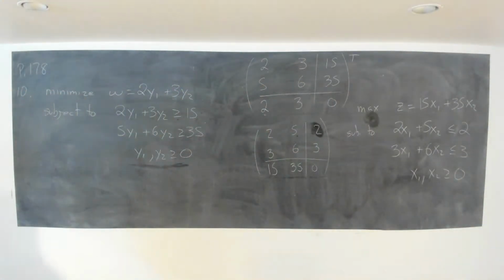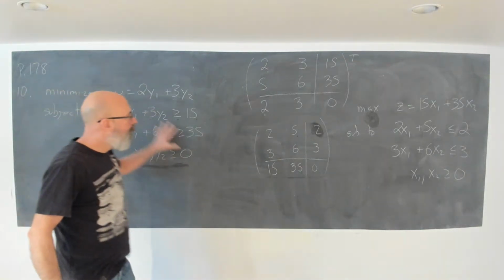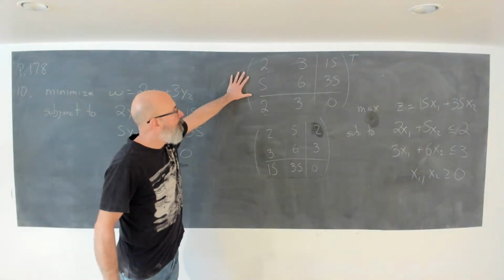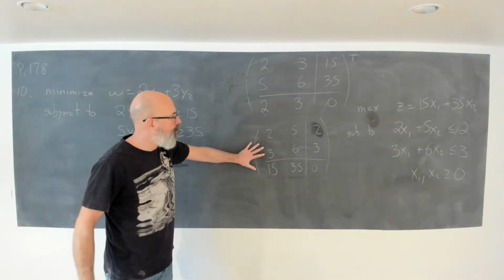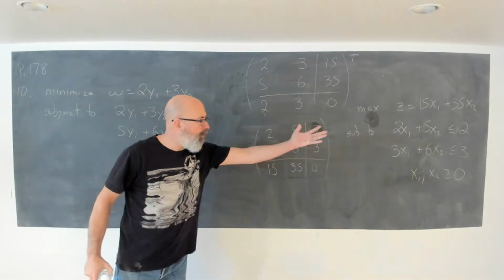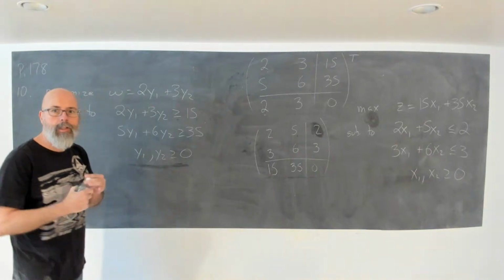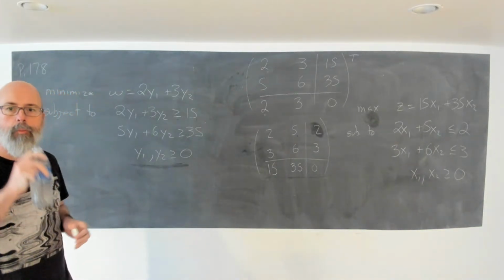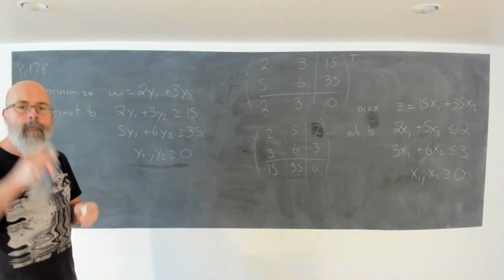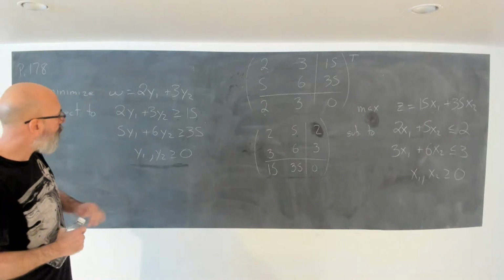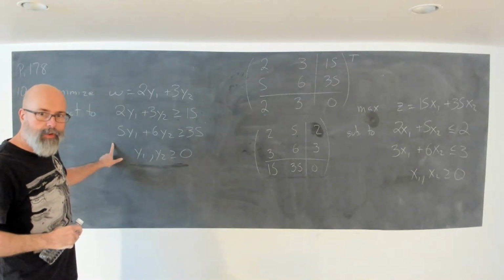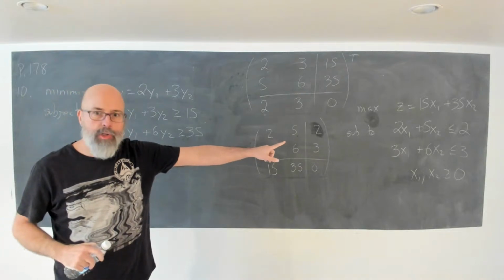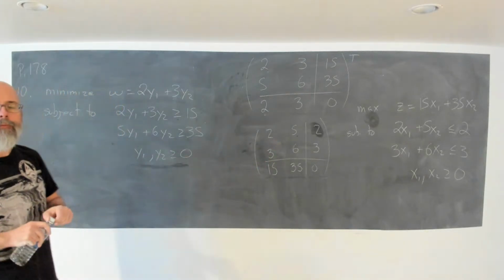Right, so we had a standard minimum problem. We built this matrix, took the transpose, and retransformed that into a standard maximum problem. So instead of solving this, we're going to solve that.